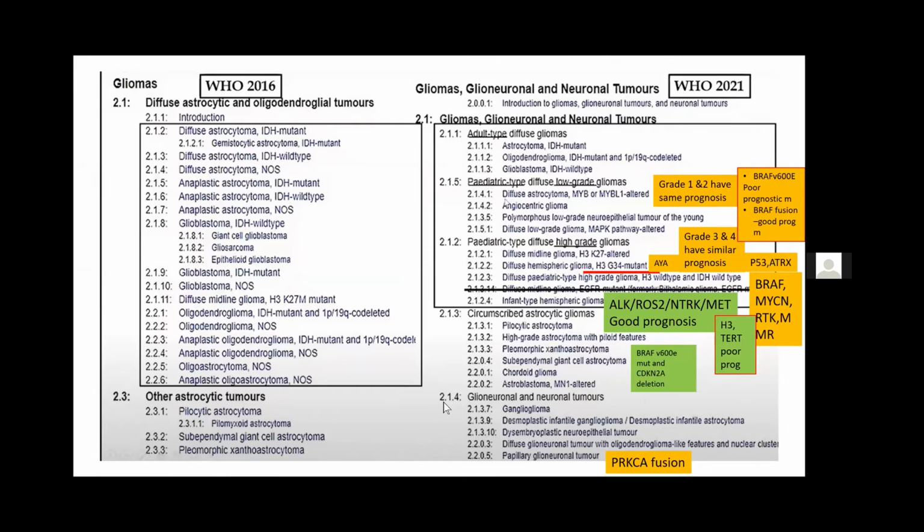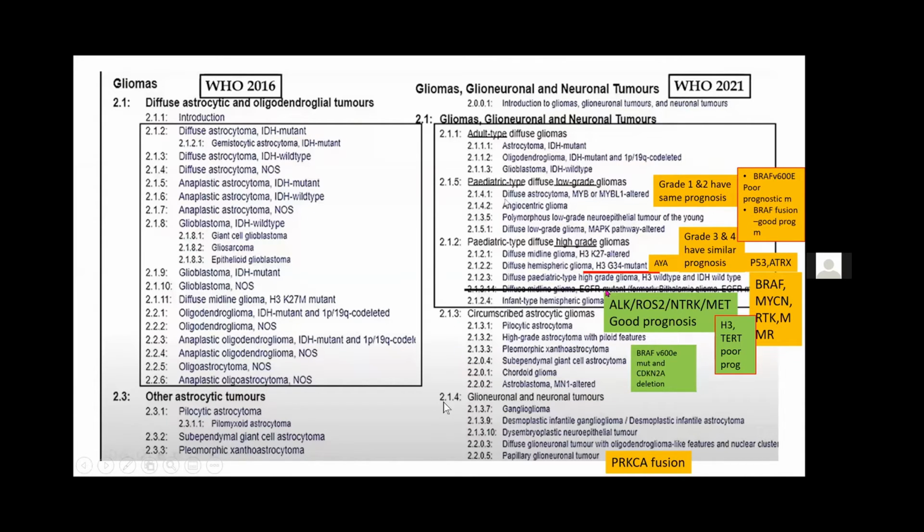So, in order to synthesize radiologic appearance with histopathology, molecular change, and behavior of the tumor, this new classification has come about. Among the circumscribed astrocytic gliomas, we still have all the old tumors which were there in the earlier classification, but not necessarily in this group, and their nomenclature has been changed a little bit.